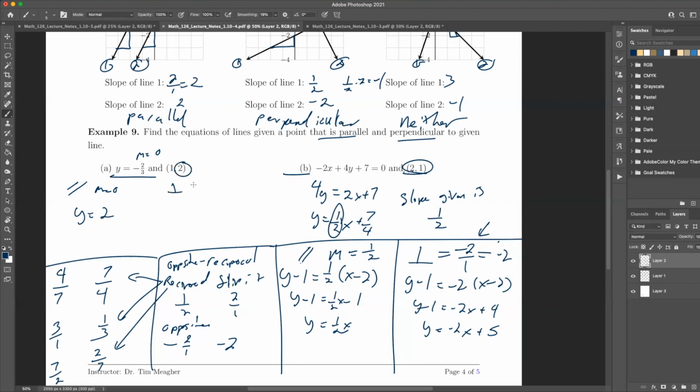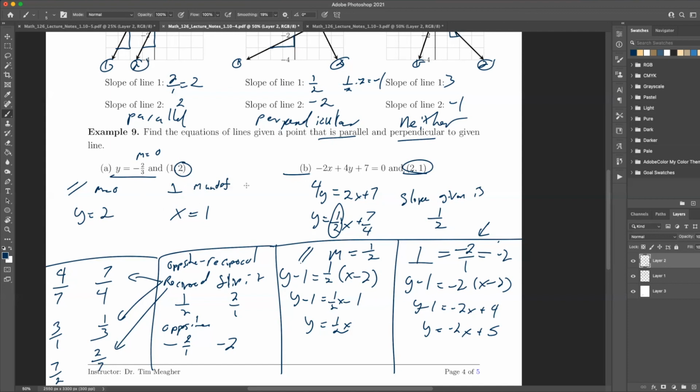For the perpendicular, I want m to be undefined. And so that will give me the vertical line. This will be x equals 1. And so if you have to do parallel and perpendicular of a horizontal line, the parallel will be the other horizontal line, the horizontal line that goes through this point, which means I need to go through 2.